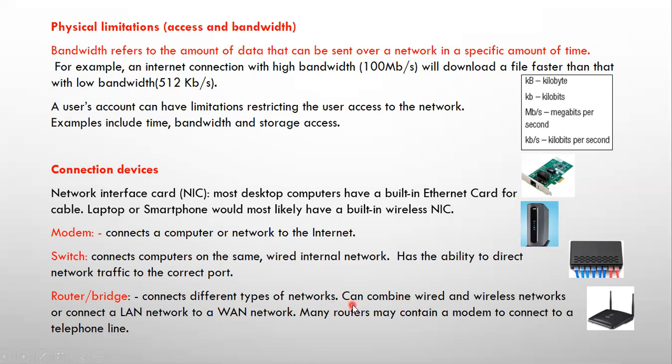A router or a bridge can also combine wired and wireless networks or connect a LAN to a wide area network. A wide area network could be your internet. Your local area network is the one at school, for example, that's connected to a wide area network using a router, because a router is able to convert signals from one network into a different network.